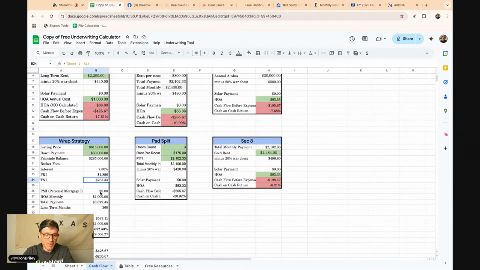It's going to automatically fill in my TI. So the payment's going to be about 36. I'm going to pay $1,000 out of pocket, and cash on cash return negative. Oh, sorry, no, I'm going to make $1,000 at close.